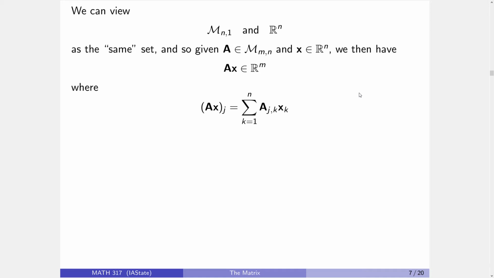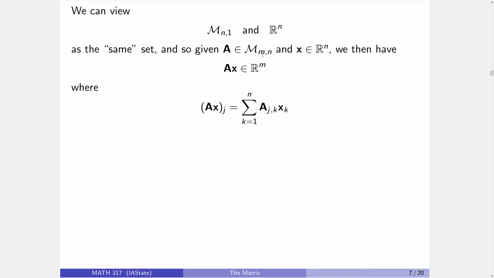Alright, so first things first, you may have noticed that R^n and the set of n by 1 matrices aren't different, right? Think about this. This is n rows, 1 column. Isn't that how we write these? Yeah. So it turns out that you can basically just pretend these are the same thing.